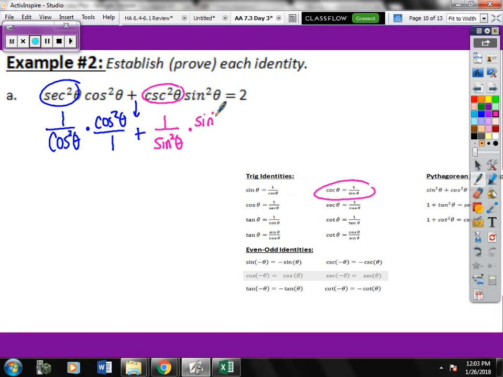Leave the sine squared as is. Okay, these are being multiplied, so the inverse of multiplying is dividing, so that's just 1. Same thing here. 1. And we do know that 1 plus 1 does equal 2. 2 equals 2. Done.